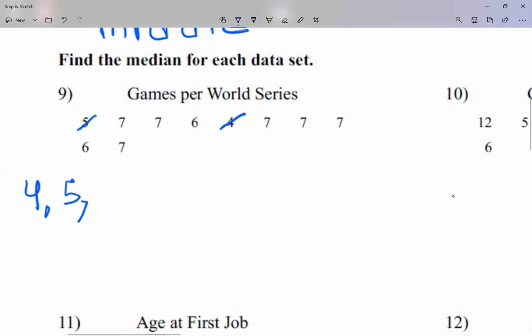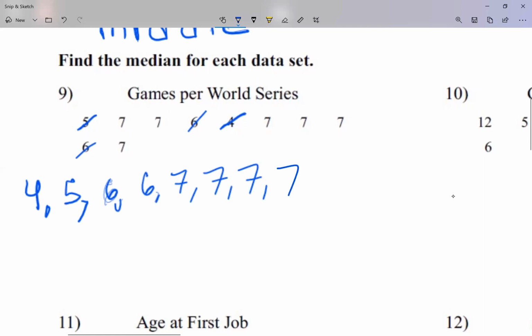And then I have a 6 twice. Then I have a bunch of 7s. There's actually 6 of them. So let me write down my 7. So there's 1, 2, 3, 4, 5, and 6.